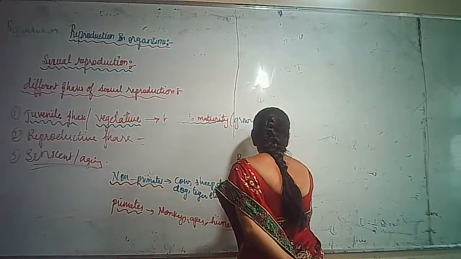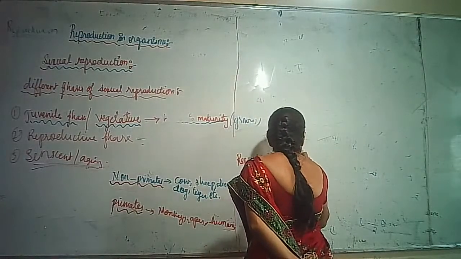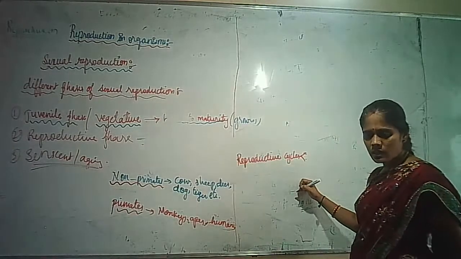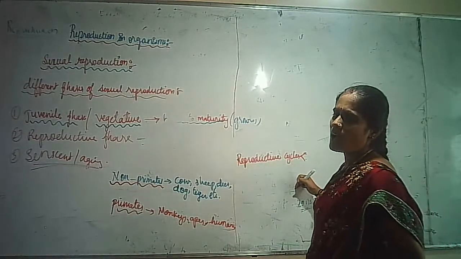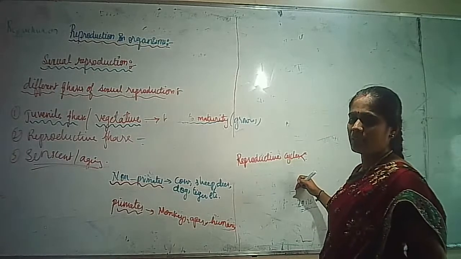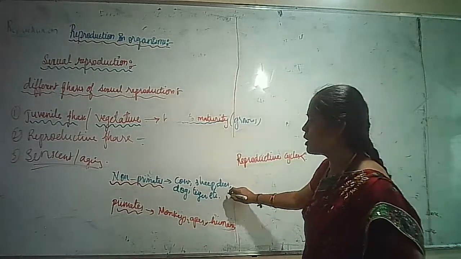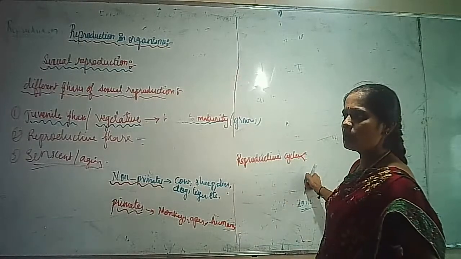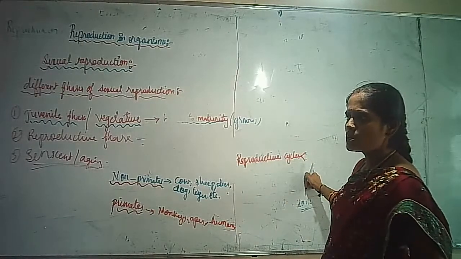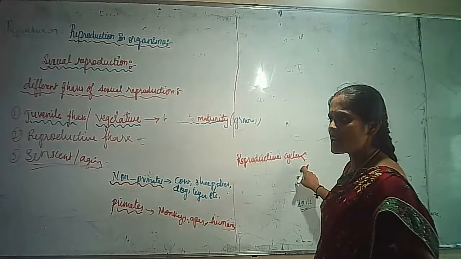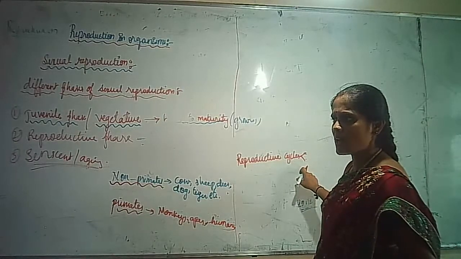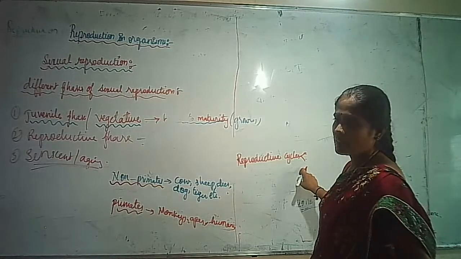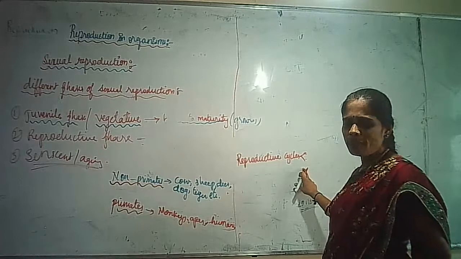If a reproductive cycle occurs, it shows that the beginning of the reproductive cycle in non-primates and primates indicates the beginning of maturity. Now the animal is capable of reproducing.